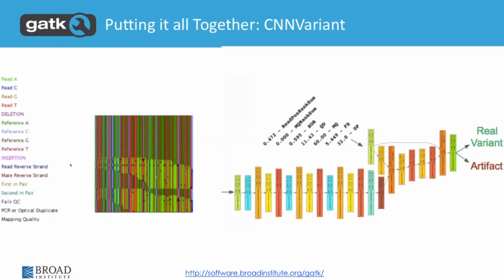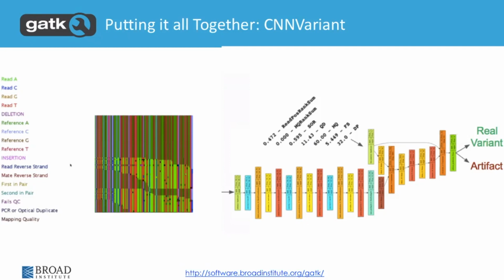This is the architecture for the 2D CNN model. We start with the input, the tensor that represents the reads and the variant context, everything we talked about just now. Then we have a bunch of convolutional and max pooling layers, not really important.